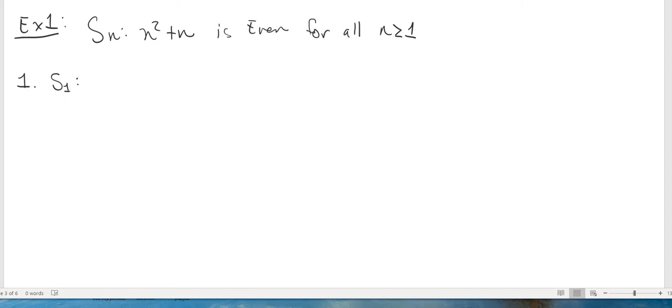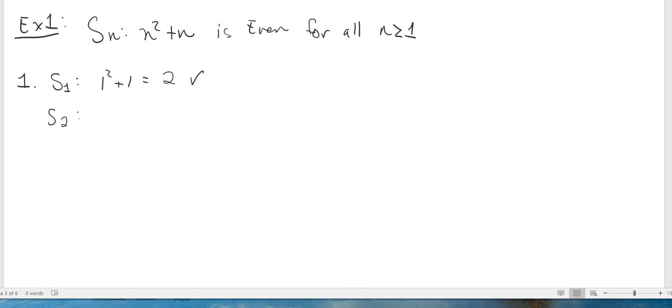If you plug in a 1, the answer when you work it out is supposed to be an even number. Well, let's see. 1 squared plus 1 equals 2. Is that even? Yes, it is. It works. Like I said, you only need 1 to check the first number, but it's not a bad idea at the beginning to use several examples, maybe to just convince yourself first.